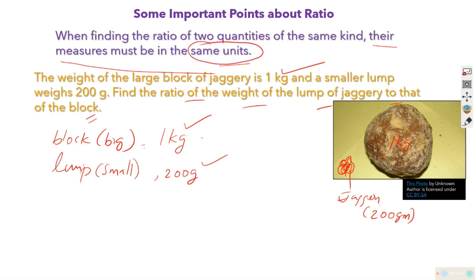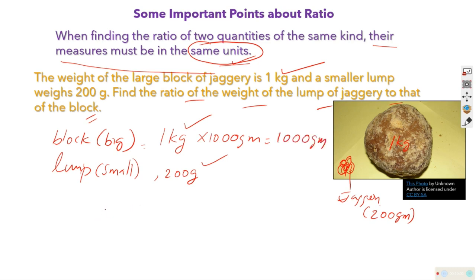So how to convert? 1 kilogram can be converted into gram to compare, or 200 gram can be converted into kilogram to compare. We are comparing the weights, not just comparing the numbers. But while comparing, both should be of the same unit. The easiest thing is you can just convert 1 kilogram into gram, which is equal to 1000 gram.